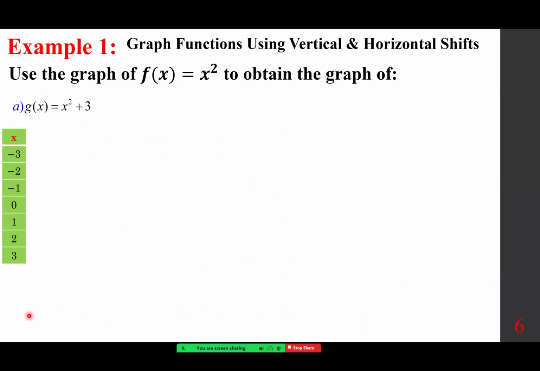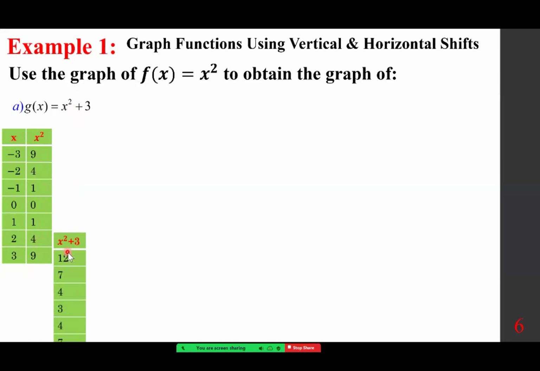For x squared, the values are 9, 4, 1, 0, 1, 4, 9, right? What happens for this one? Same numbers, add 3. So 9 plus 3 gives 12. 4 plus 3 is 7. 1 plus 3 is 4. 0 plus 3 is 3. 1 plus 3, 4. 4 plus 3, 7. 9 plus 3 is 12.